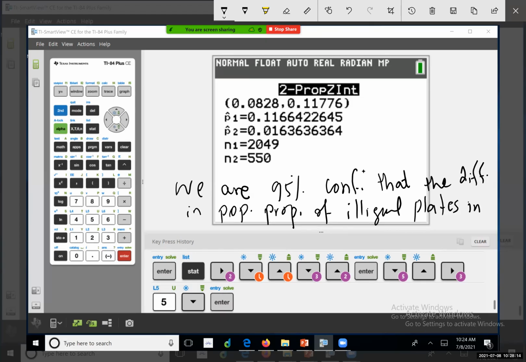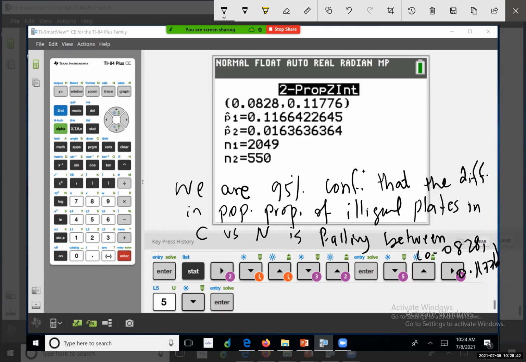Which one was our first population? Was Connecticut, I think. Illegal cars in Connecticut versus New York is falling between 0.0828 and 0.11776.